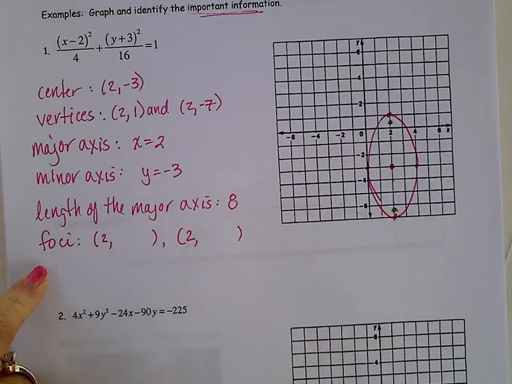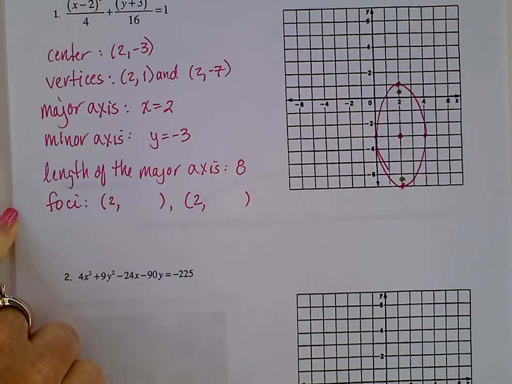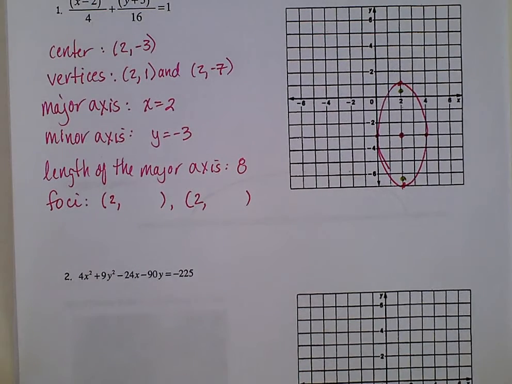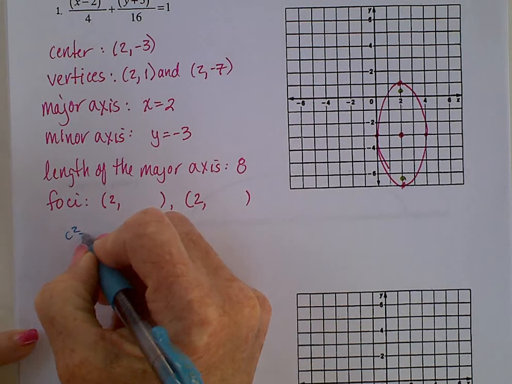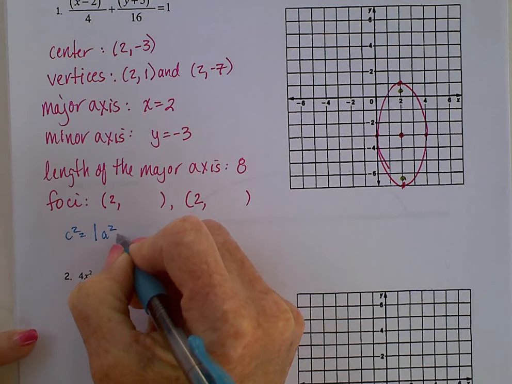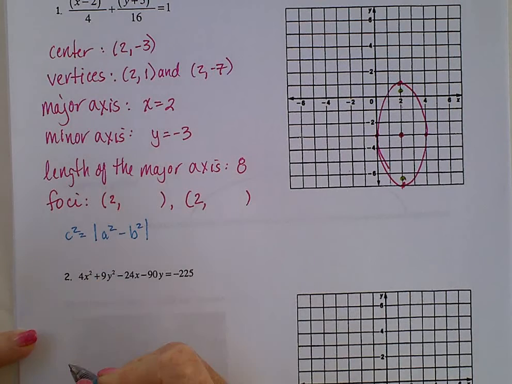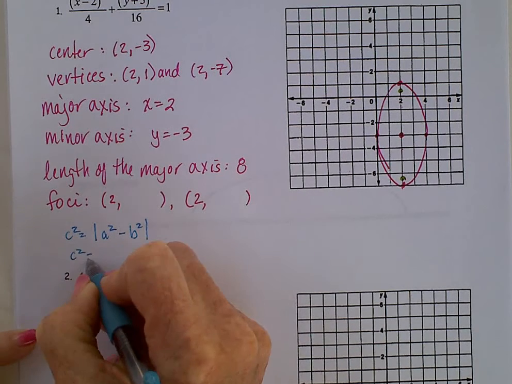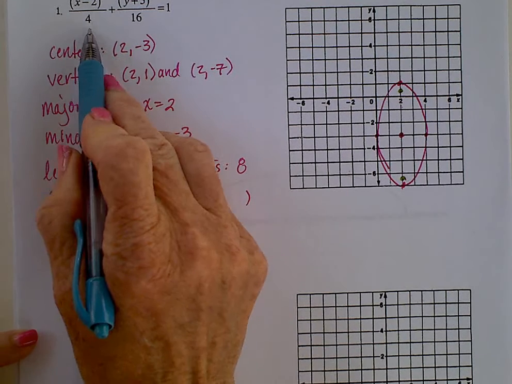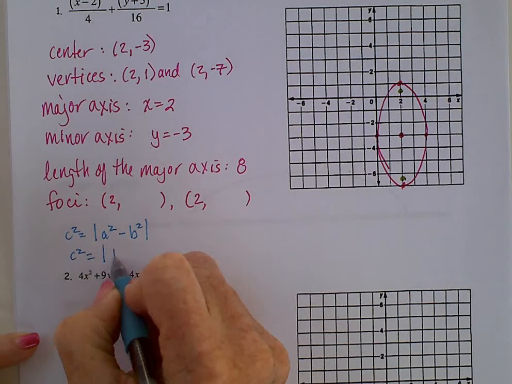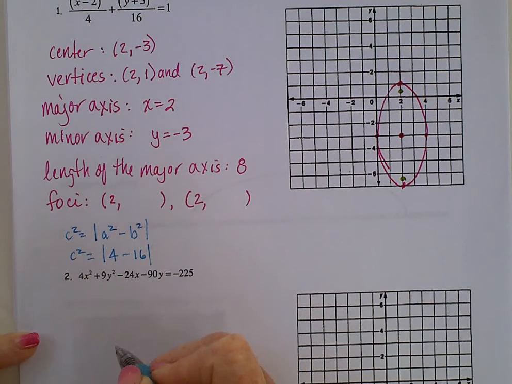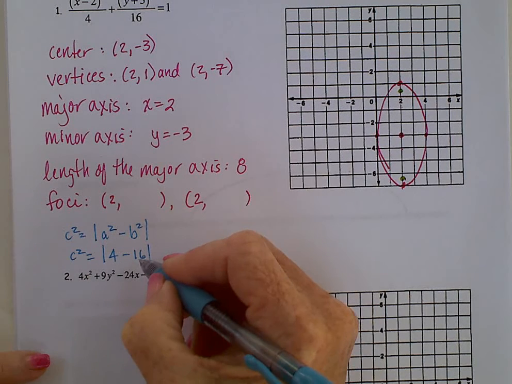So we go back to the previous page where I told you that to find the foci, c squared is the absolute value of a squared minus b squared. Here's the a squared and the b squared. So 4 minus 16 is negative 12, absolute value is 12.